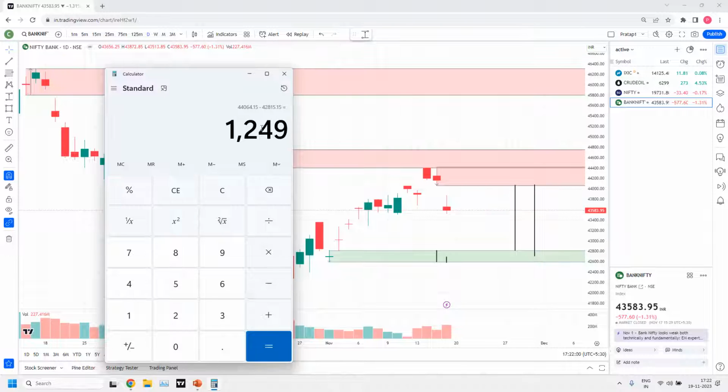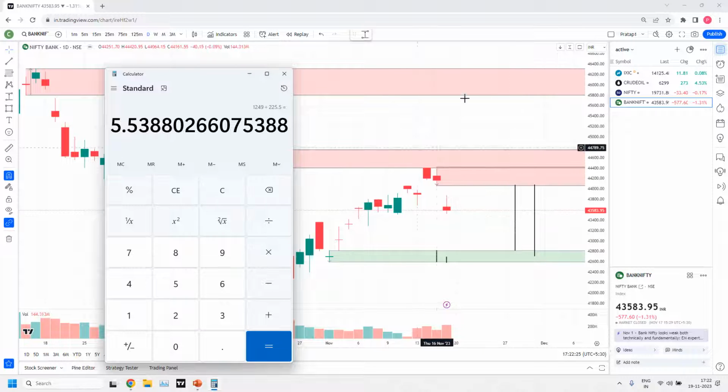So what is the value? 1,249. Let me copy. So 1,249 divided by, already in the memory we saved, let me release the memory, MR. We got 225.5. So 5.538. Okay, 5.5 we take. It is 1:5.5.